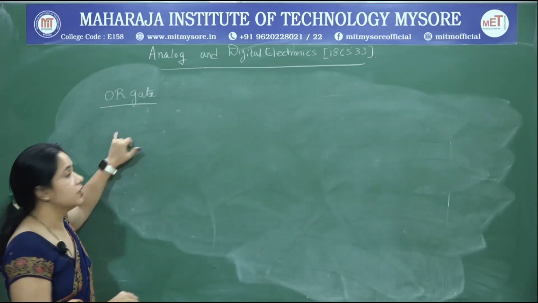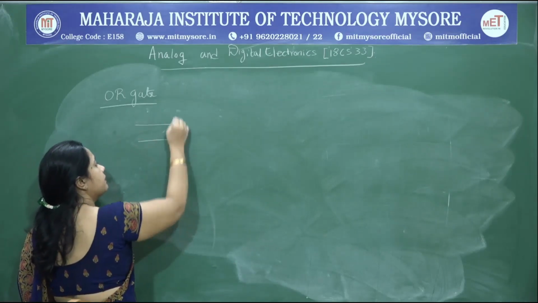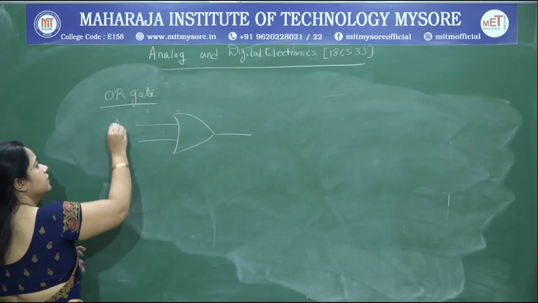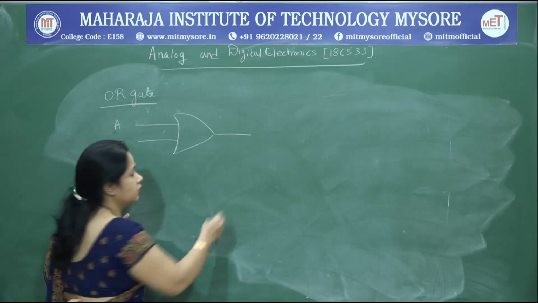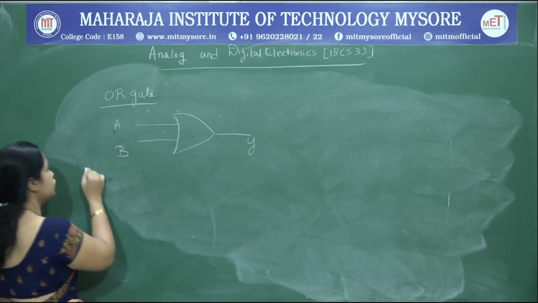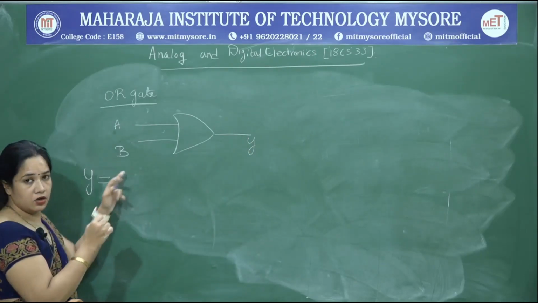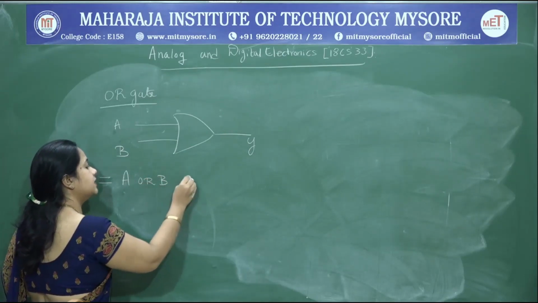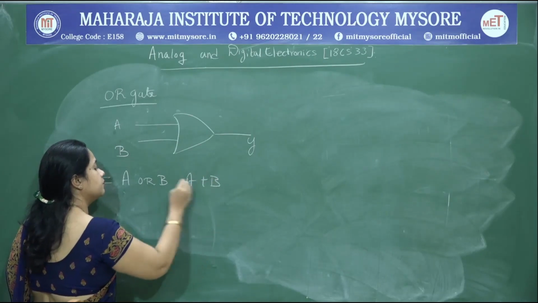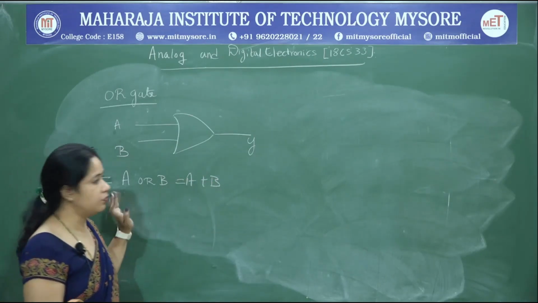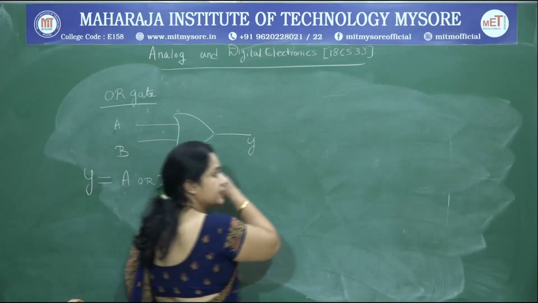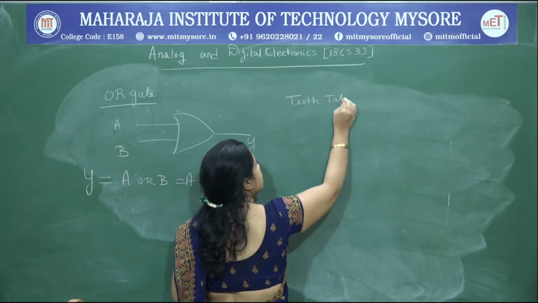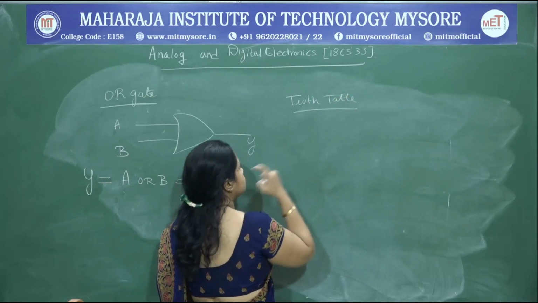Next we have the OR gate. OR is symbolically represented this way. Here we have a 2 input OR gate. We will call the inputs A and B and Y as the output, and the expression for the output Y of an OR gate is represented as A or B, or simply A plus B. If I try to write the truth table again, it is a table depicting the output for all possible values of input.